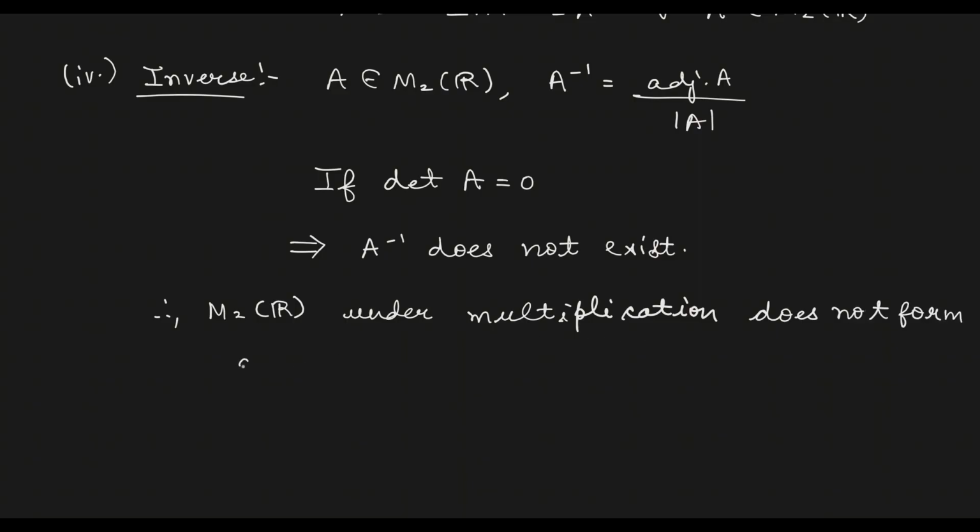Now can you tell me how I can make this set a group under multiplication by removing some elements? We can make it non-singular. Then yes, it can be a group.